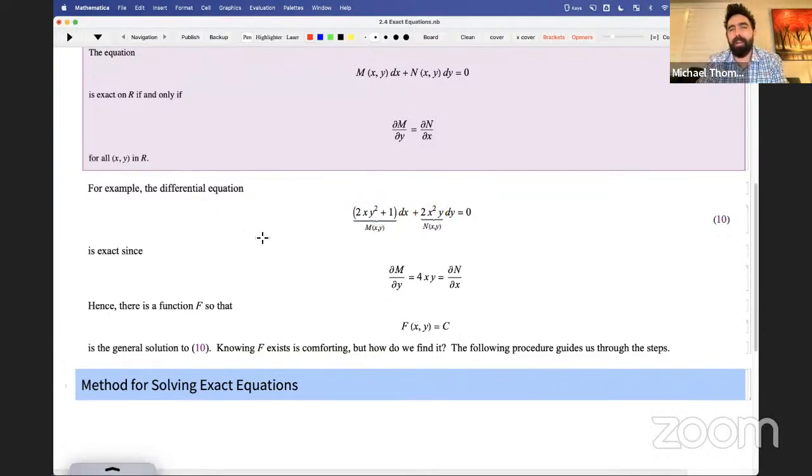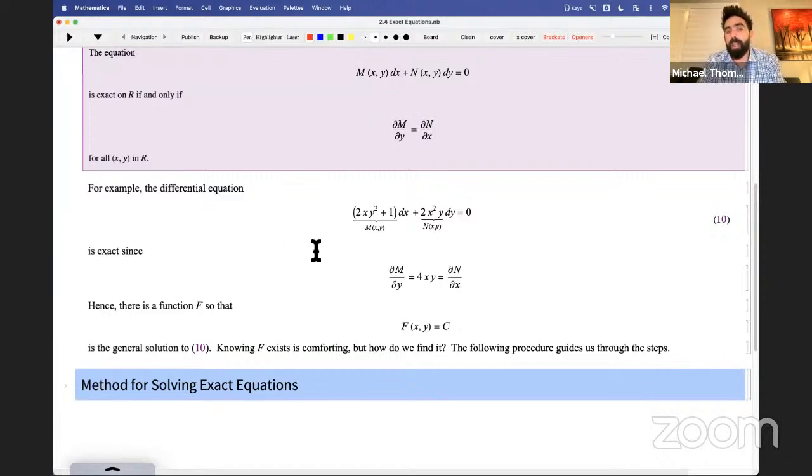Okay. All right. So now, before we try doing any work here, it would be nice if there was a test we could use to see if it's exact, because that's going to save us some time. You don't want to go looking for a solution if you don't know it exists. And it turns out to be a little bit of work trying to find it. I'll show you in a second.